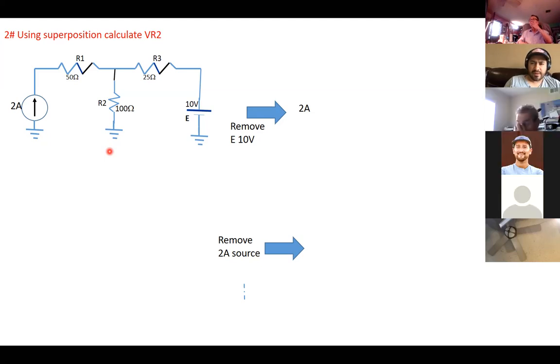That's the first step, right? In order to calculate VR2, there are two ways: calculate the current, then current times R2, or you can use the voltage divider. But the first thing, you have to remove one source and work with only one.